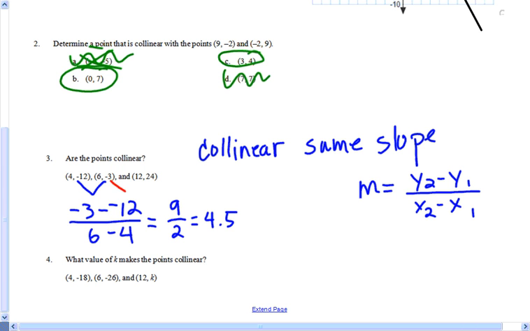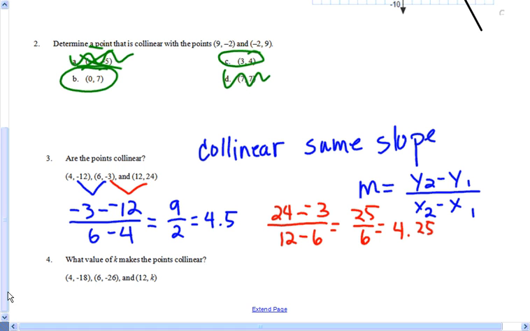Now if I take the second 2 points here and find the slope between those, if I get the same value, 4.5, then I know that they all line up. So for those 2 points, I'm going to do 24 minus -3 divided by 12 minus 6, and that is 25 divided by 6, and that is 4.25, so that's pretty darn close, but not quite.